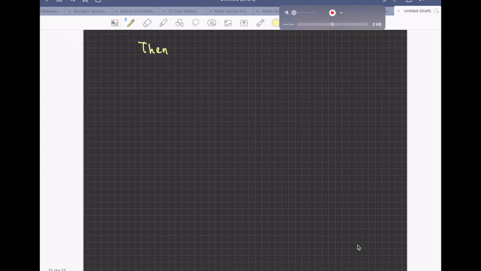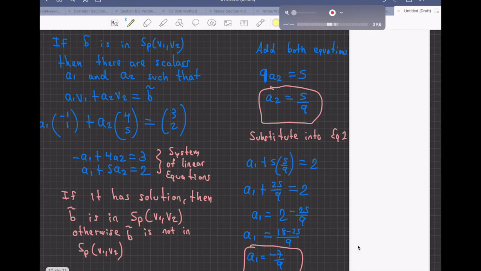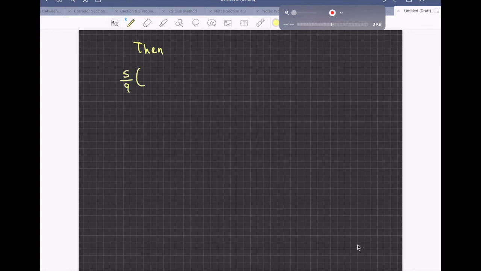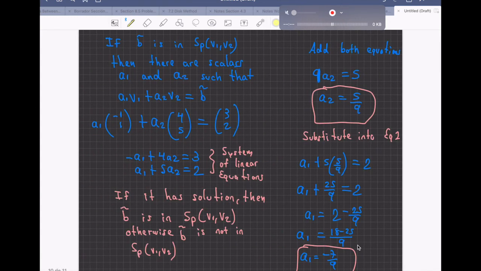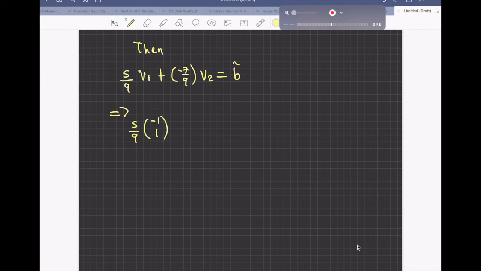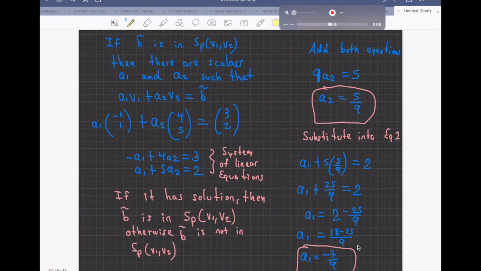Then if you use A1 times B1 plus A2 times B2 with the values we found, you're going to have B. So this is 5 over 9 times (-1, 1) plus negative 7 over 9 times (4, 5).